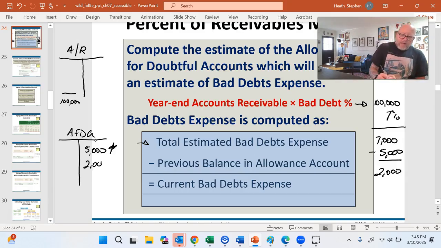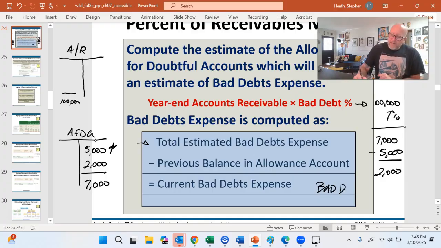So if I were to add 2,000, then I'm saying I anticipate collecting 93,000. Okay? So the journal entry would be bad debt expense 2,000, and my allowance for doubtful accounts credit 2,000.